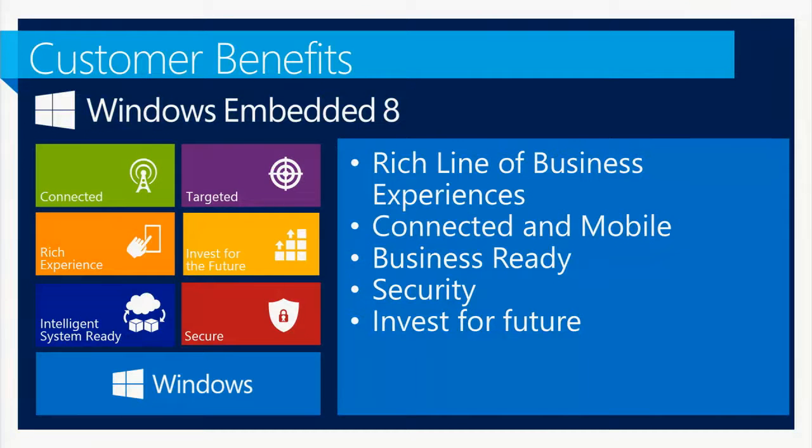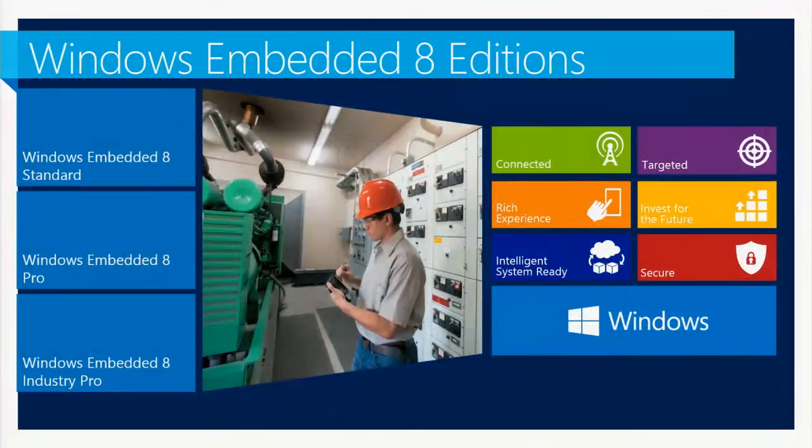and there will be investment in the future made to these images. So you can build devices using either Windows Embedded 8 Standard, Windows Embedded 8 Pro, or Windows Embedded 8 Industry Pro, besides all the previous generations of Windows Embedded editions that you've already been using. But no matter which one you use, the core value proposition for Windows 8 remains the same. Right? And by the way, Windows Embedded 8 Standard is an extension to WES 7, or Windows Embedded Standard 7.